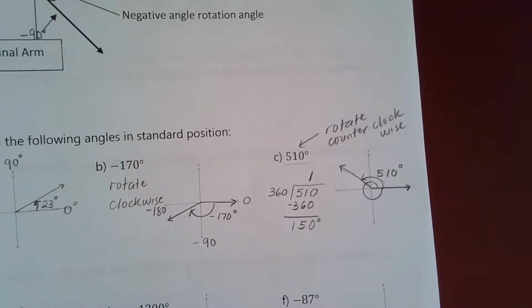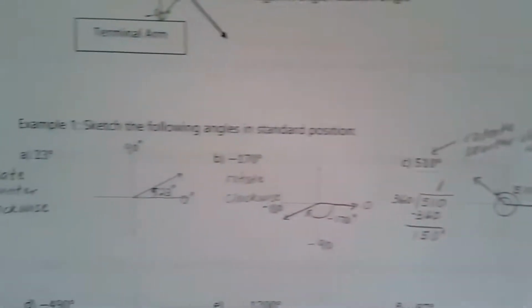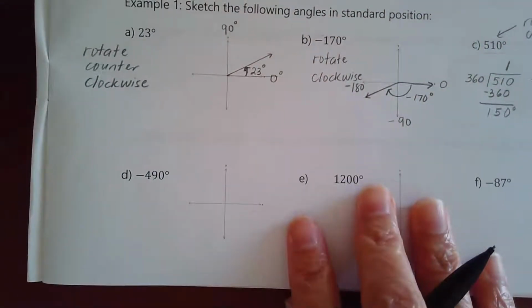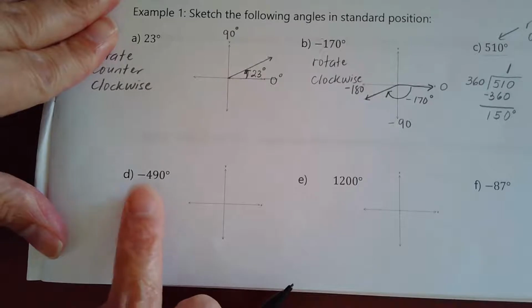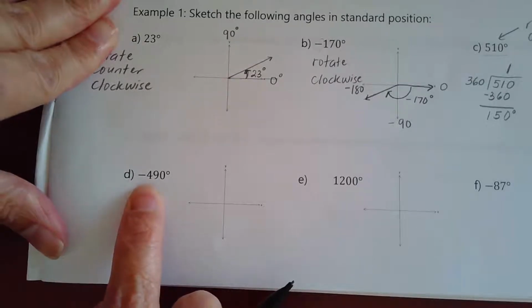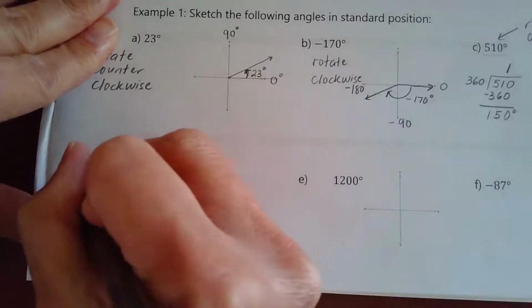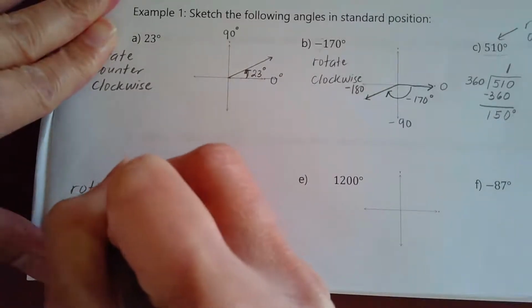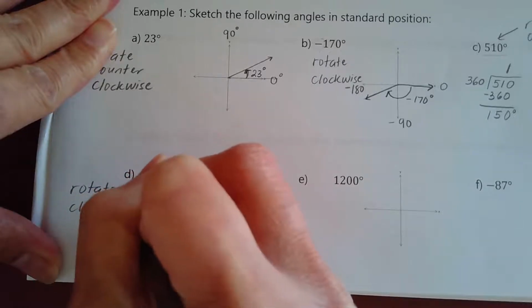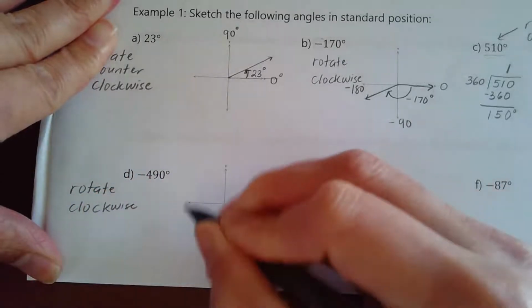Okay, now let's take a look at letter D. Letter D is a negative angle, so that means it's going to rotate clockwise. We're going to rotate clockwise.